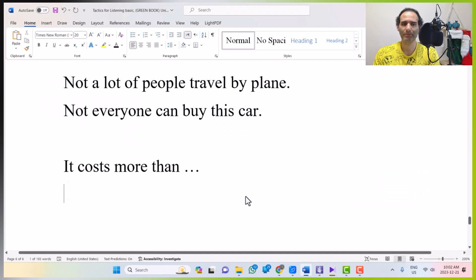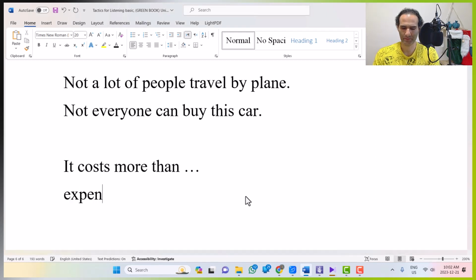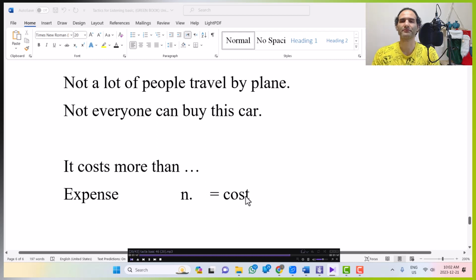Expense, noun, and it means it's a big cost. Public schools are better in the US and they're free. So most people here send their children to public schools.